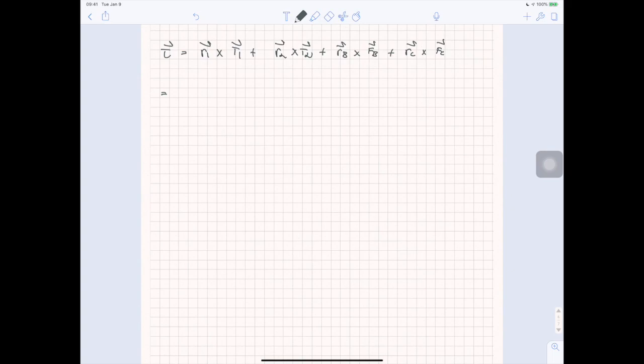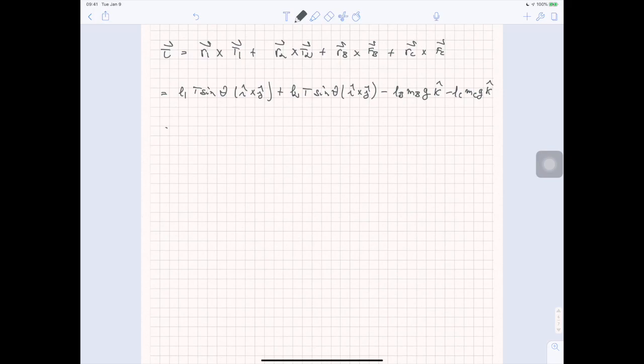R1 is L1 I, and T1 is T sine theta J, so we have I cross J. This gives L1 T sine theta I cross J, that's the first term, plus similarly L2 T sine theta I cross J. And then we have the two terms in the other direction: minus LB MB G, but R has I and F has J, so it's I cross J, which is K, so minus LC MC G K. And all of this has to equal 0.